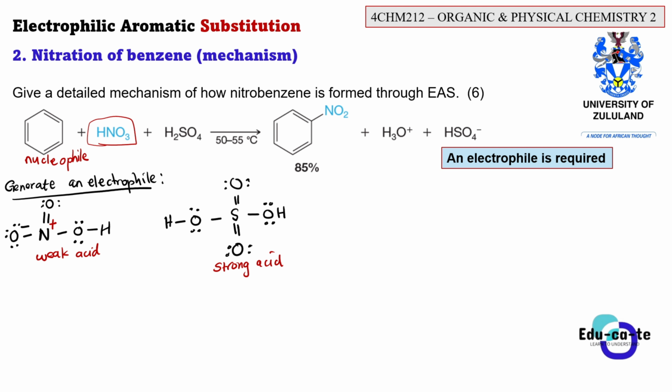You need to remember the Lewis, the Brønsted-Lowry property of acids is that they are proton donors, right? They donate protons to particular substances that are weaker. So in this case, we have a weak acid and a strong acid. Which one is more likely to donate a proton? It is the strong acid. So this strong acid, sulfuric acid, is more likely to give away its hydrogen to the weaker acid.